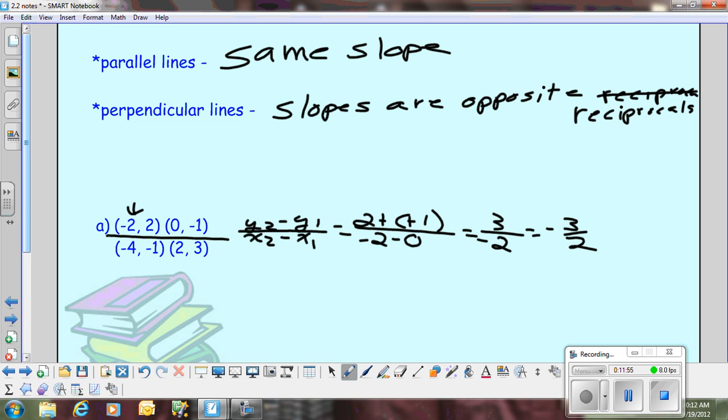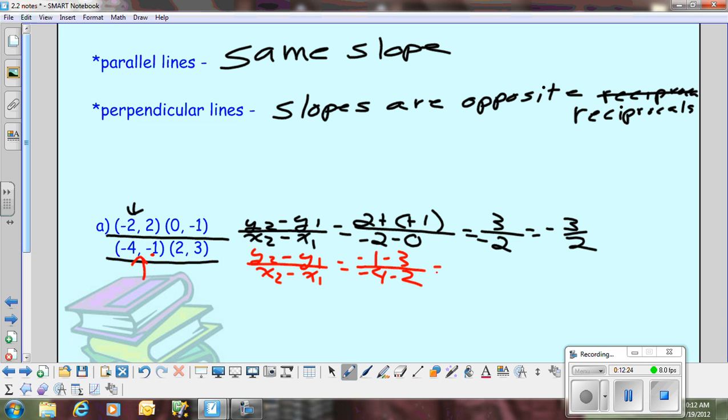Okay, let's look at the second line. We're going to use the same formula: y2 minus y1 over x2 minus x1. Again, let's use this one first. So I'm going to have negative 1 minus 3, and negative 4 minus 2.